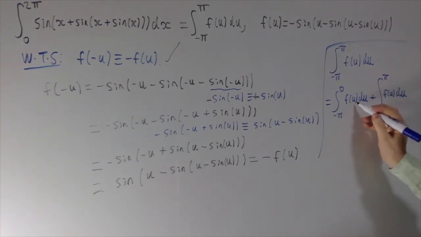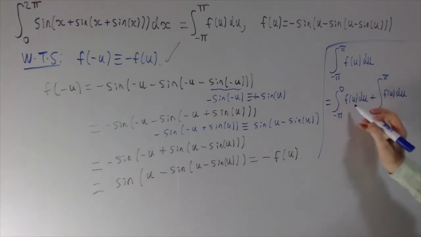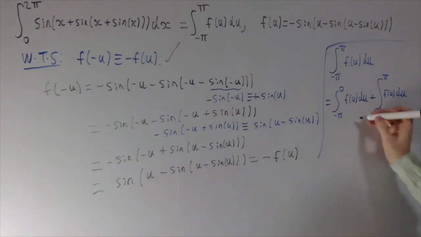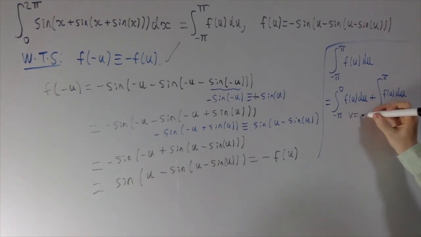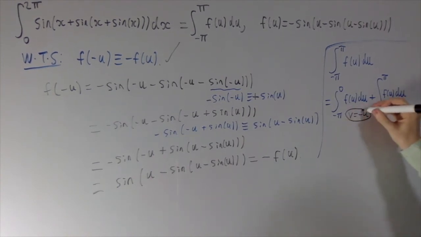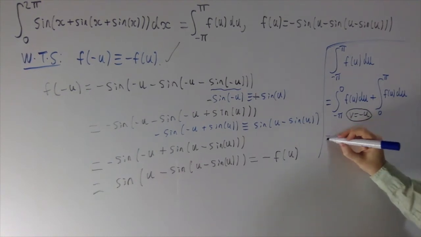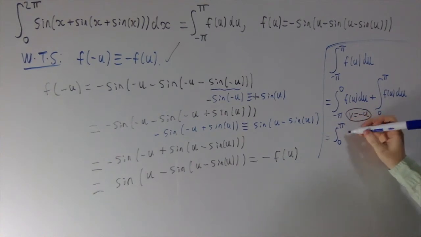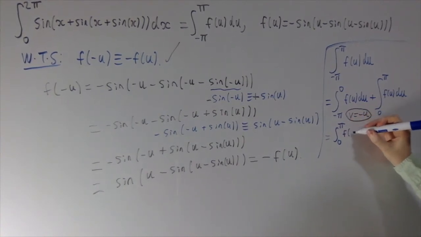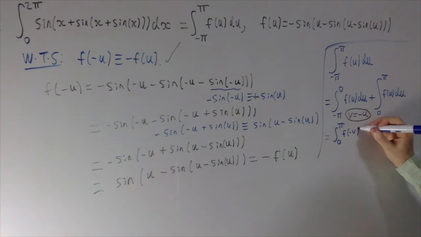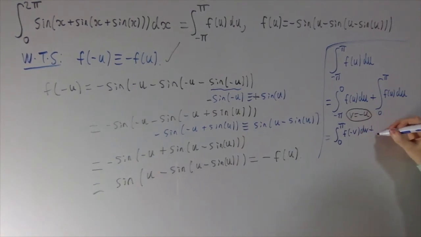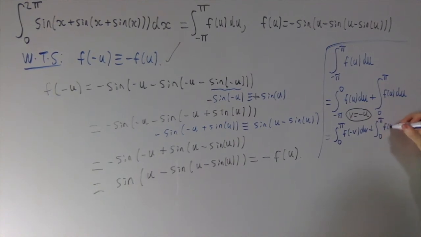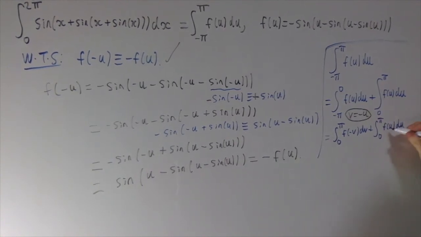And then I do a change of variables here. So instead of integrating between minus pi and 0, I replace u by v equals minus u. Then I'll have an integral between 0 and pi of f of minus v dv plus just this same thing, the integral of f of u du.